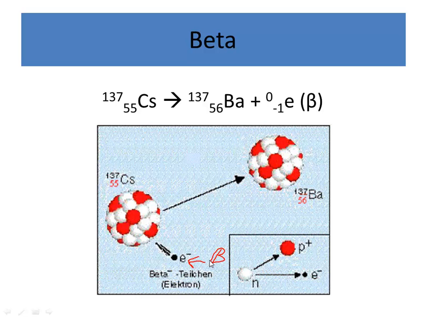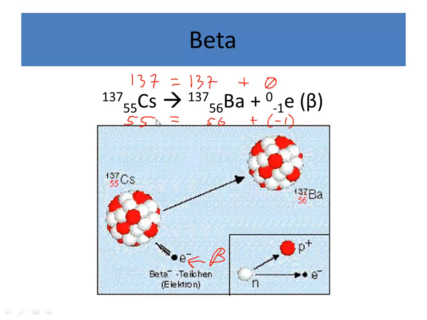If one of the neutrons turns into a proton, I have one more proton than before. My mass is the same though. Notice the similar thing with alpha: the masses add up as well. So 137 plus 0 is 137, and 56 plus negative 1 equals 55.